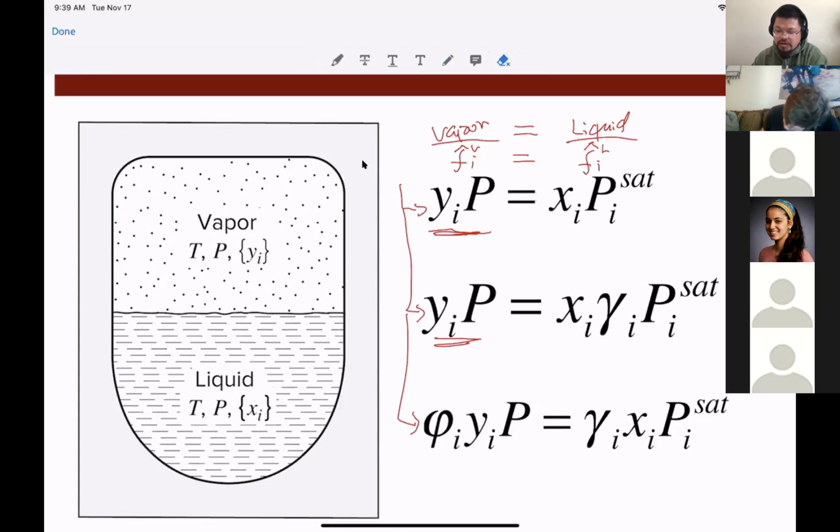Then for the liquid phase, if I simply use the saturation pressure and look at the liquid composition, then this is an ideal solution. So if this is the case, then I should have low pressure and ideal solution.